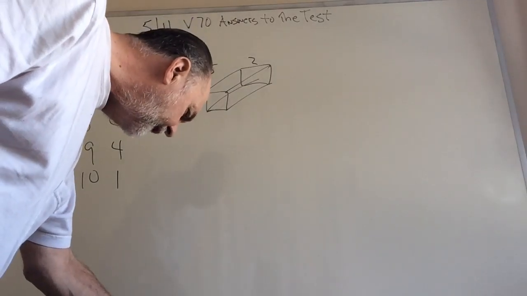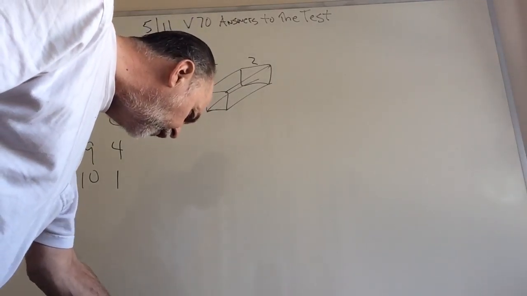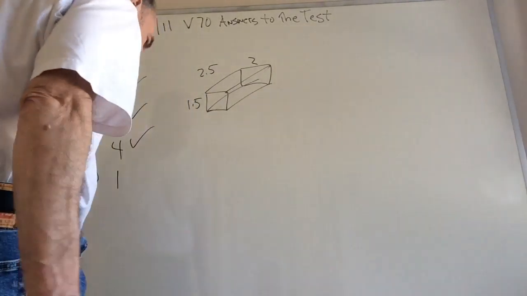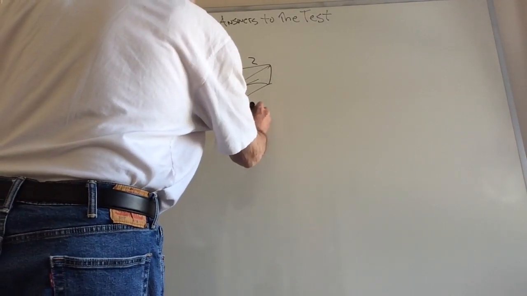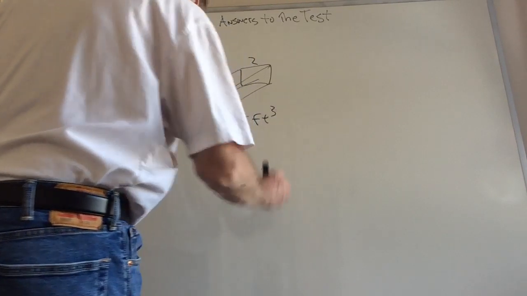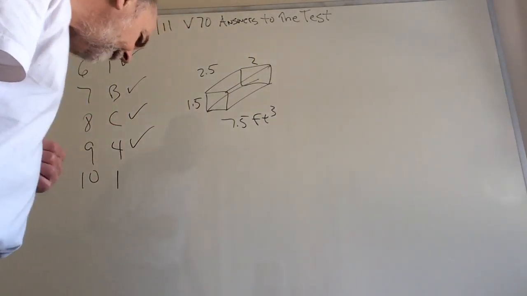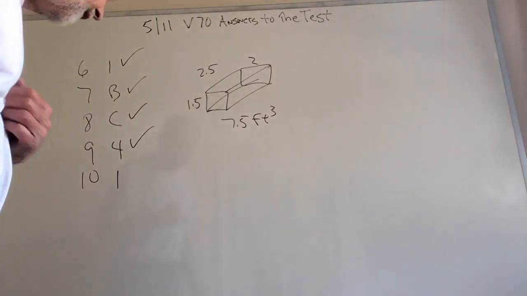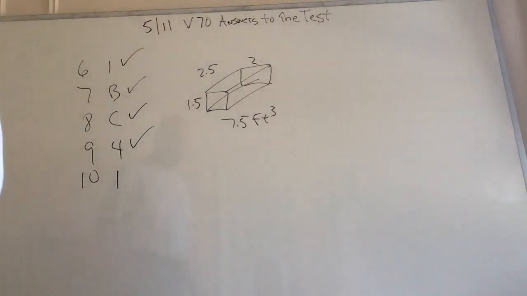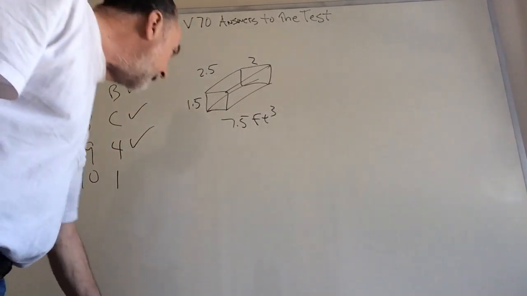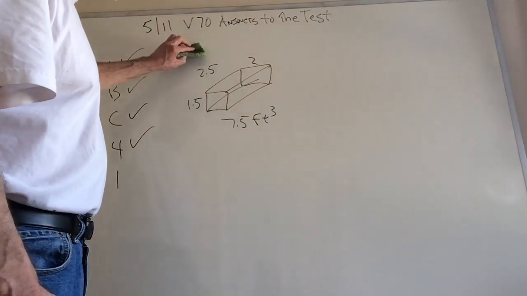You look carefully at the answers to make sure everybody's cubed. And so when you multiply these guys together, you come up with number 4, 7.5 feet cubed. So again, like 1, 2, and 9 are just asking you, and 4 as well. That's 4. If you just know what the words mean, and there was no tricks here. There will be some trickier ones with conversions later.